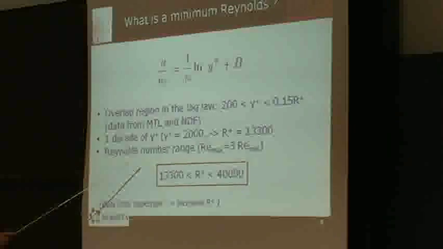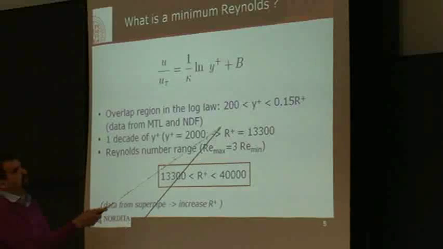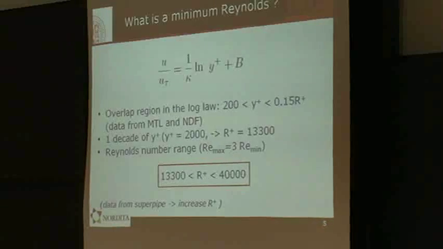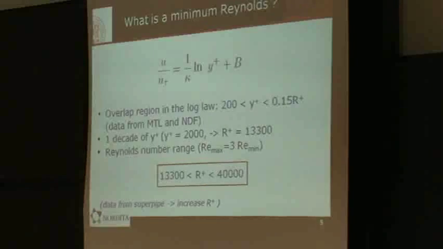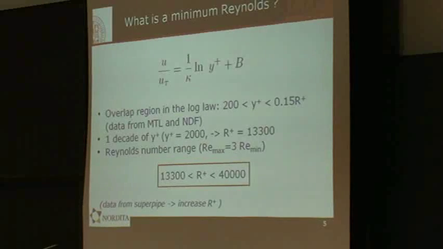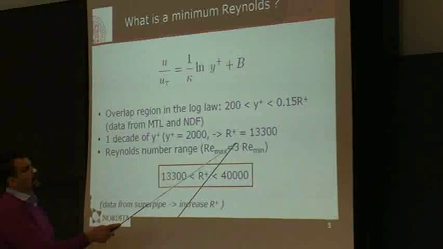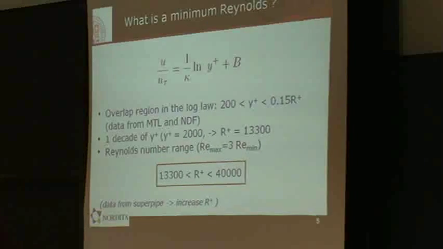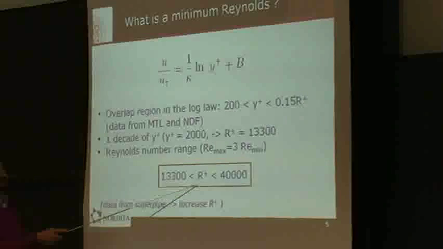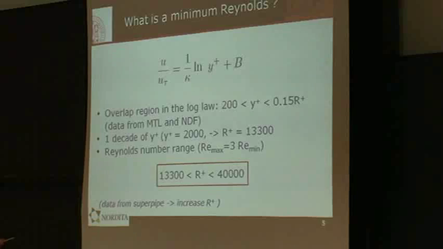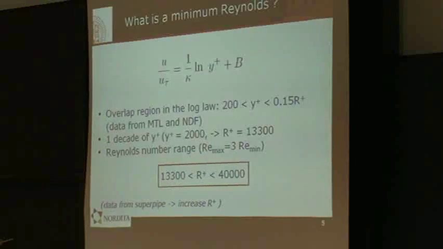In this case, we end up with an R plus of 13,300. And if we want to play a little bit with the Reynolds number to do some scaling, and we say that we want to go up to 3 times the minimum Reynolds number, then this is the range that we have to get with our new experiments.